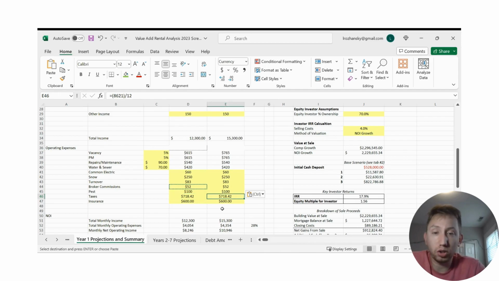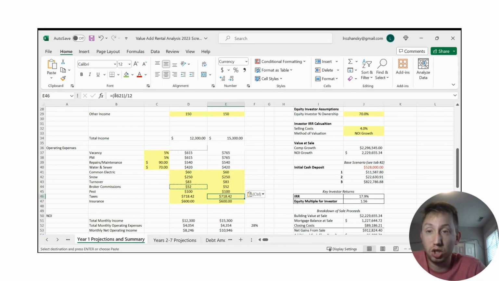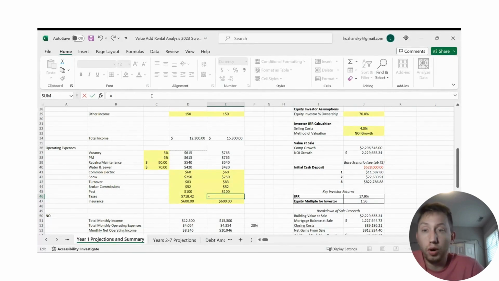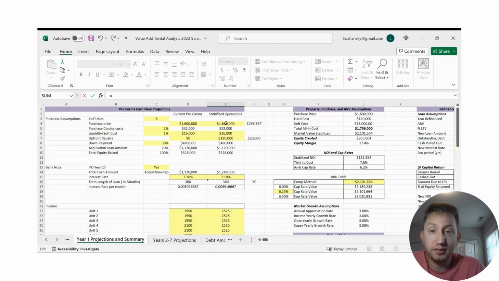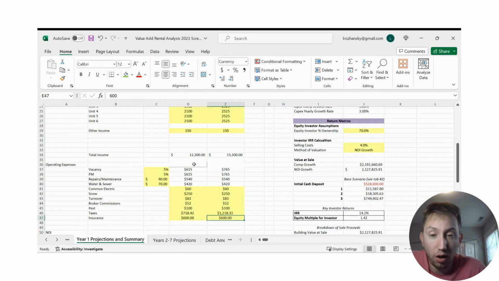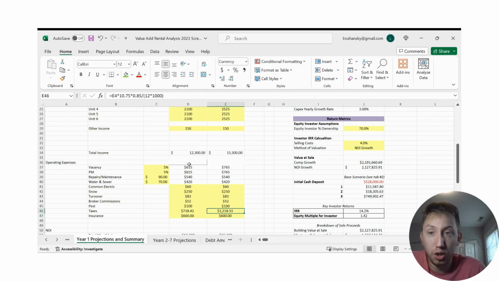One thing I would encourage you to do on the stabilized tax number real quick is, instead of using today's assessment, take today's purchase price, right? This is our Boston City tax rate. And usually we get reassessed on a new purchase, right?